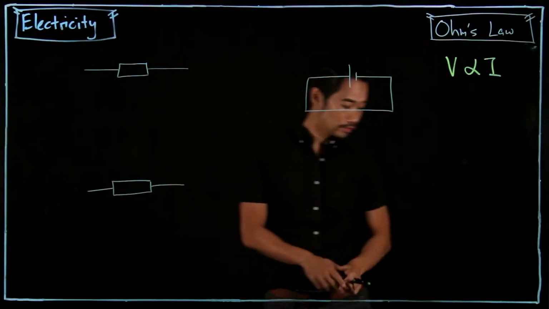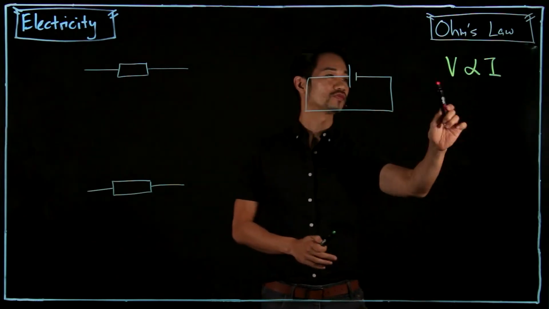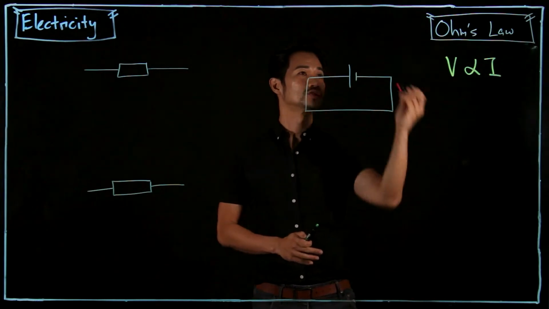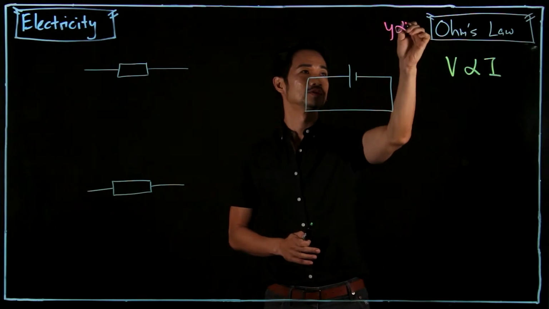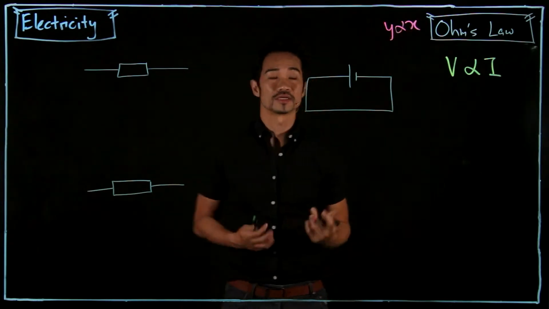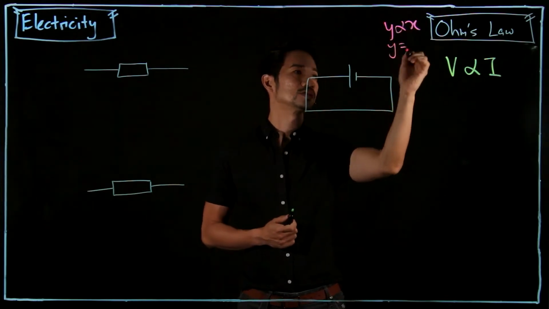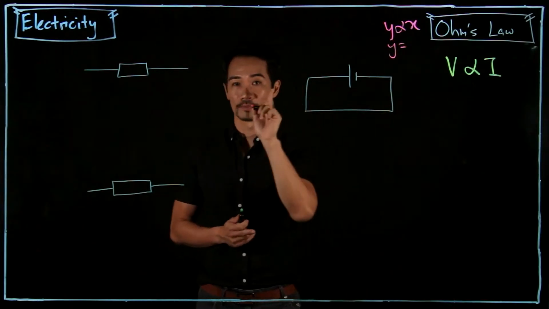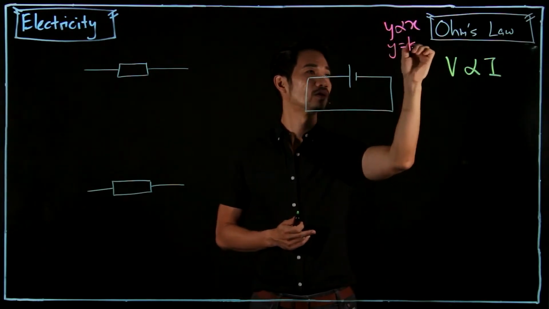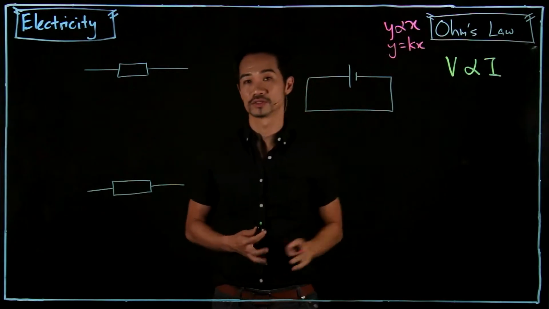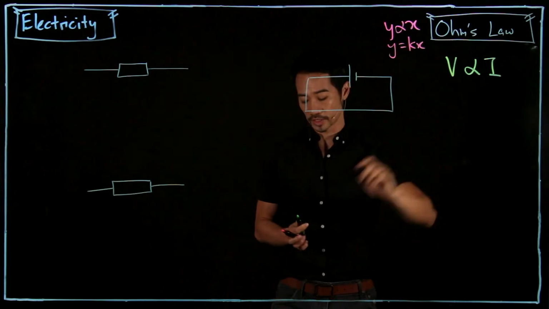Okay? All right. Remember in mathematics where you have a proportional relationship like y is proportional to x. And then what is the next thing you can do? You can actually change this to an equal sign by introducing a constant. K is a constant. So in this case, we're going to do the same.